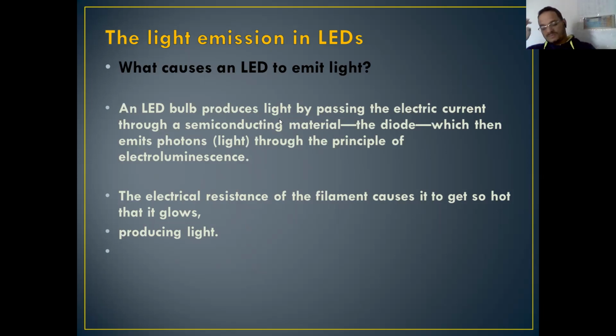This feature will be important to us. By using it, we can make a great comparison between the ordinary bulb and the LED. The LED generates light directly by skipping the heating step.